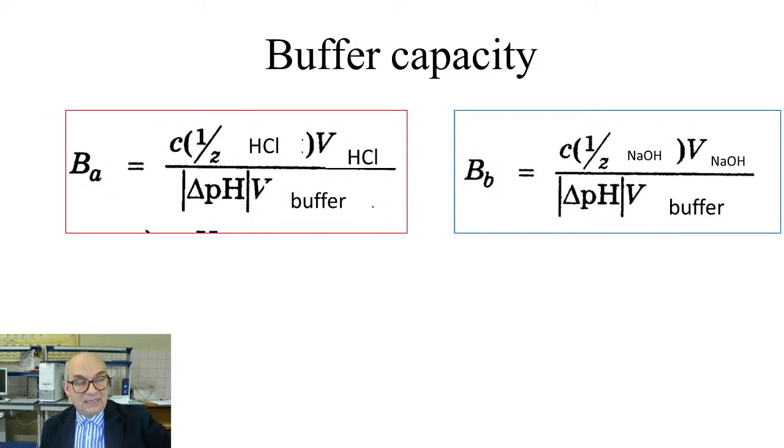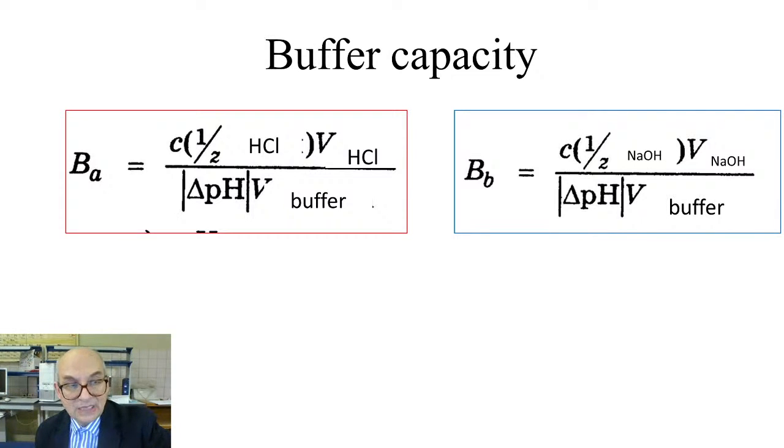What is buffer capacity? This is the number of moles of strong acid or alkali, the number of moles of HCl or sodium hydroxide, which was added to 1 liter of our buffer and which gives a pH change of 1 unit.